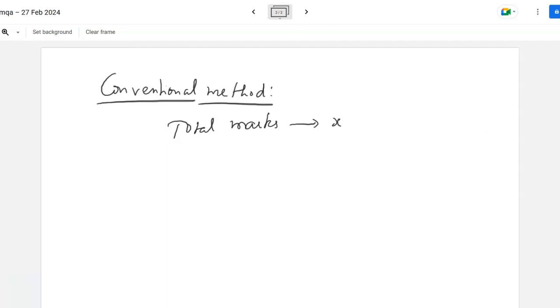X into Y by 100. But the X data they have given us, so let us make use of that.